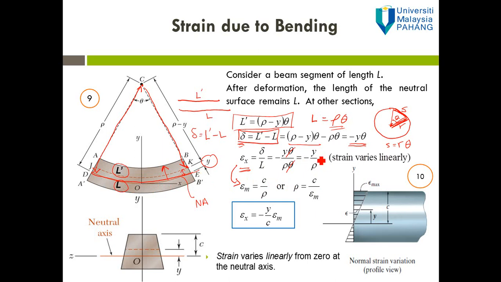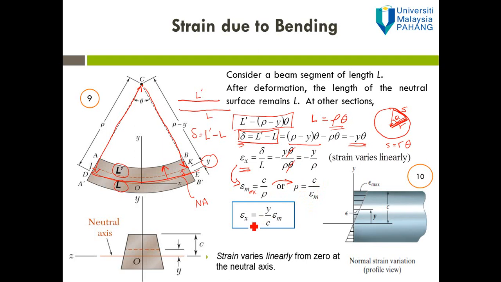So we replace y with c, and we get epsilon m, the maximum strain. Or we can rearrange it in terms of rho: rho equals c divided by epsilon m.